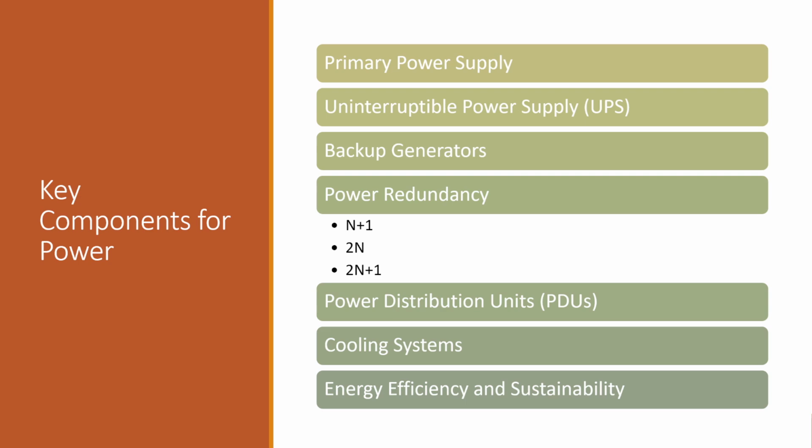Think of this like 2 completely separate power grids. And then maybe you have a 2N+1, where you have 2 fully independent power grids, but you might have additional gear to also help when downtime is just not available to us. And as I said, most environments nowadays have 3N power redundancy for this reason.